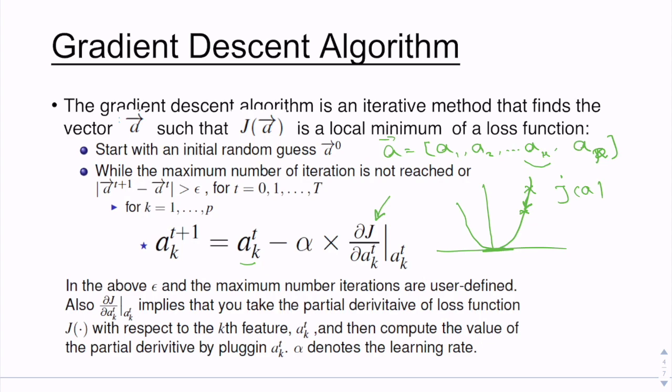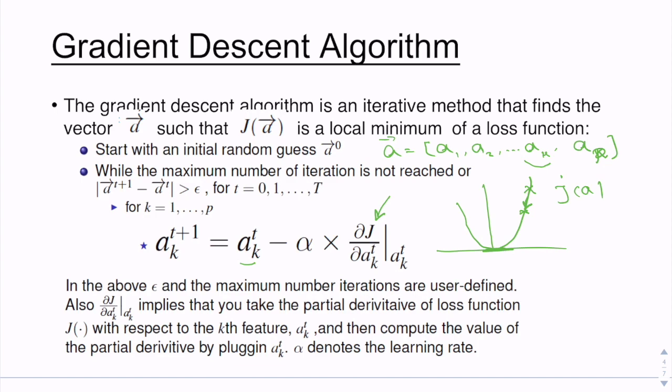Let's say do 1,000 iterations, and then hopefully within the 1,000 iterations we arrive at the local minimum. So you can set either of these thresholds.